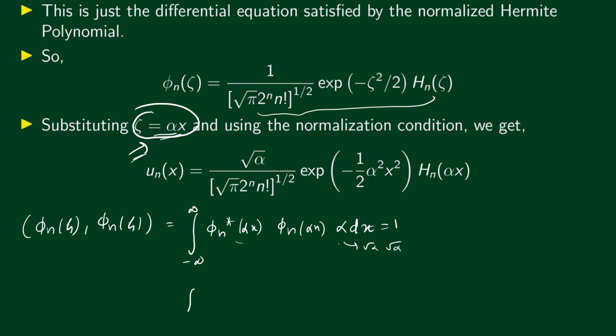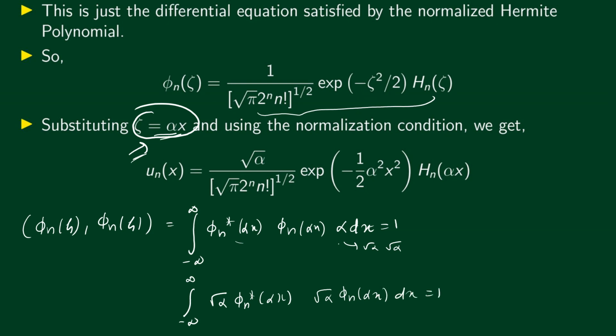So the normalization condition now becomes the integral from minus infinity to infinity of square root of alpha phi n star of alpha x, times square root of alpha phi n of alpha x, dx, equal to 1.